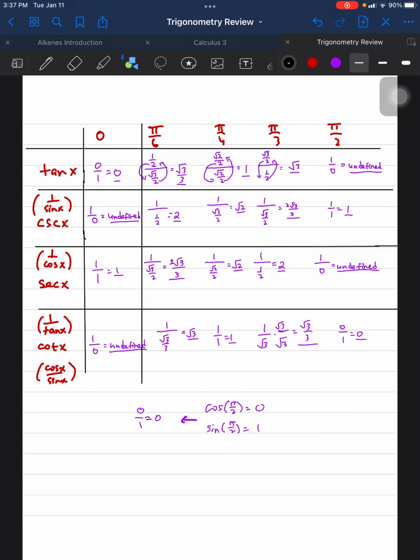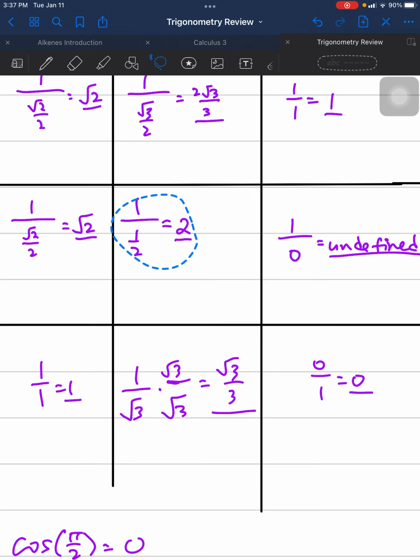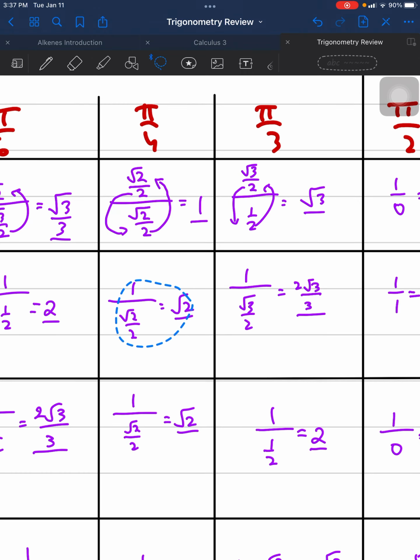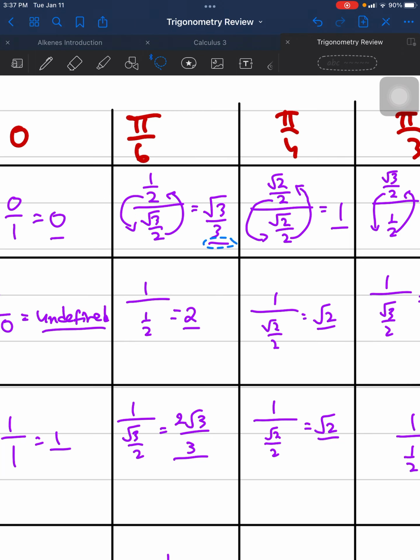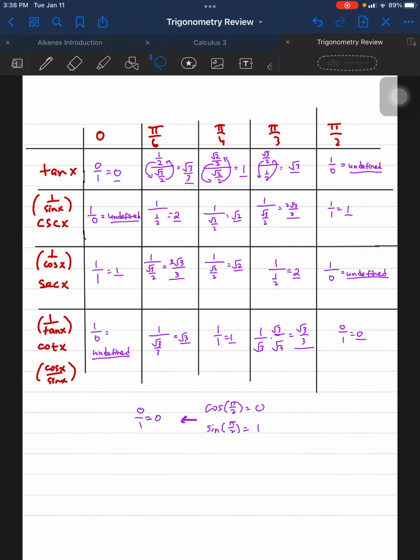And I'm going to make this table a little neater. So there we go.